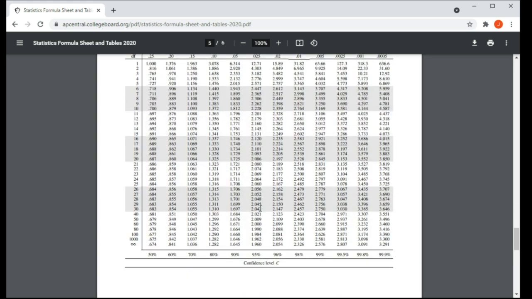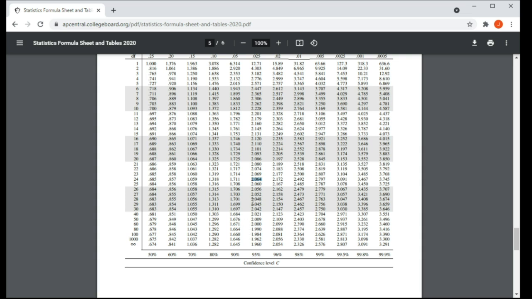So if I'm doing a t-test and I have a sample of, say, 25, my degrees of freedom is going to be 24. So 95 at 24, that would be my critical value for my confidence interval. Okay, so that is how you would do it for a t-interval for means. Find your confidence level and work your way up to the correct degrees of freedom.